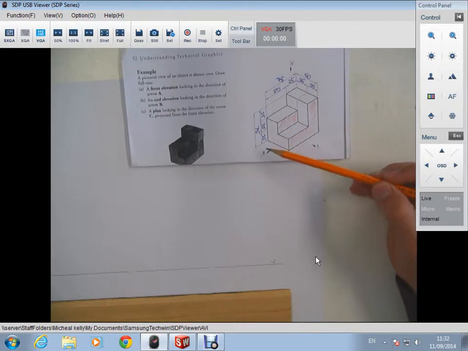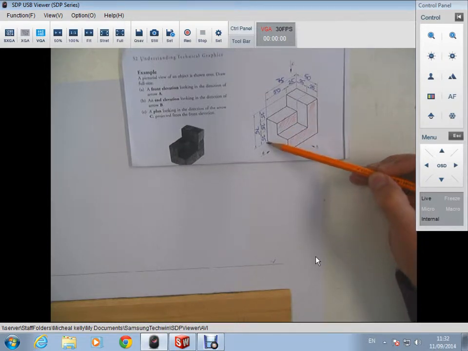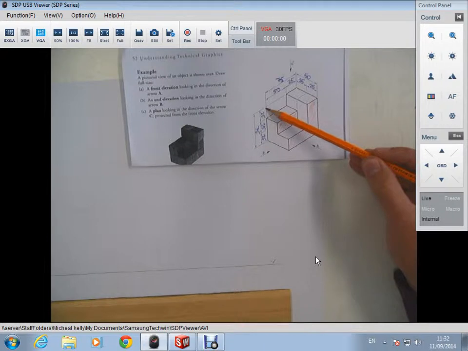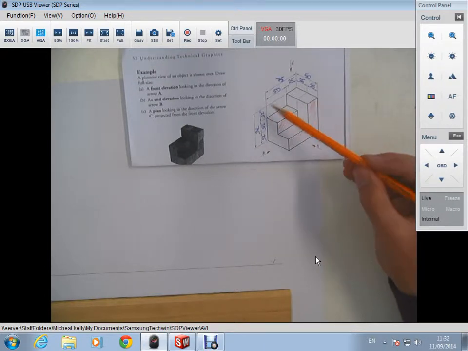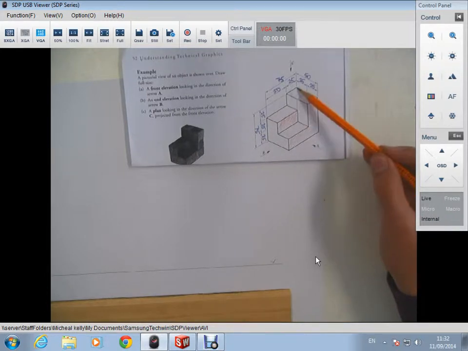Now I can see from the drawing that the height of that rectangle is going to be 75 millimeters high, the distance from here to here in total, and the width is going to be 75 millimeters wide from here to here.